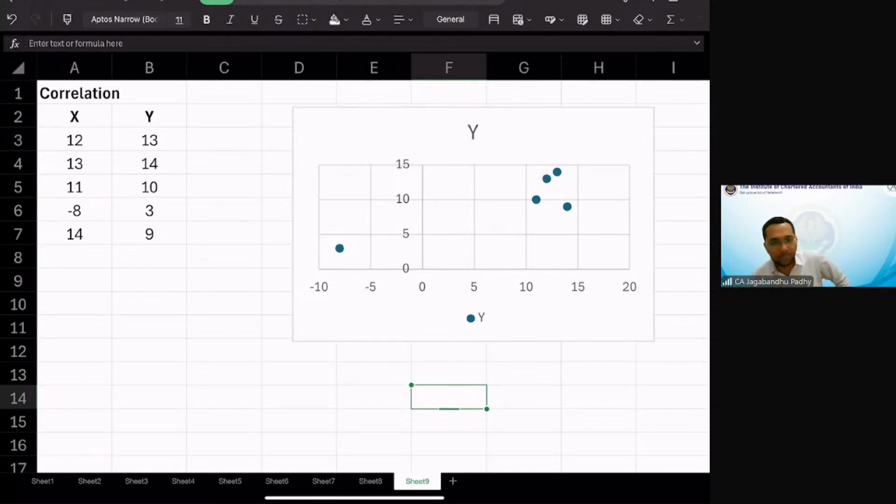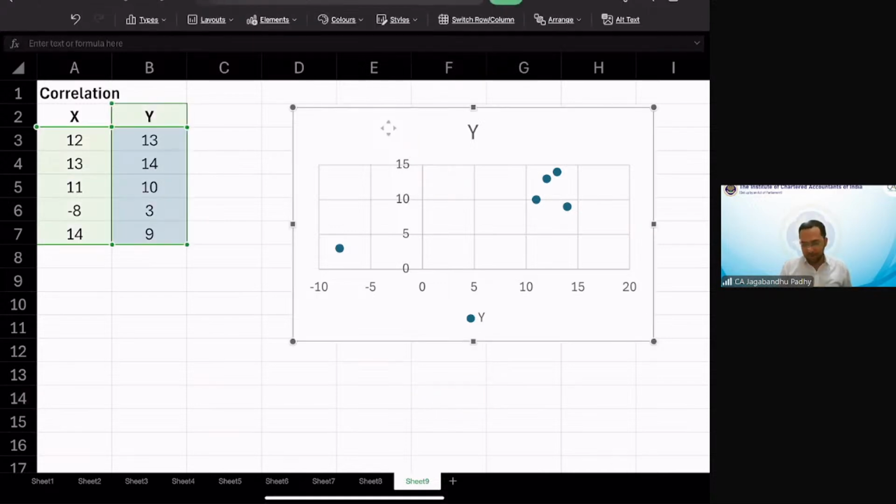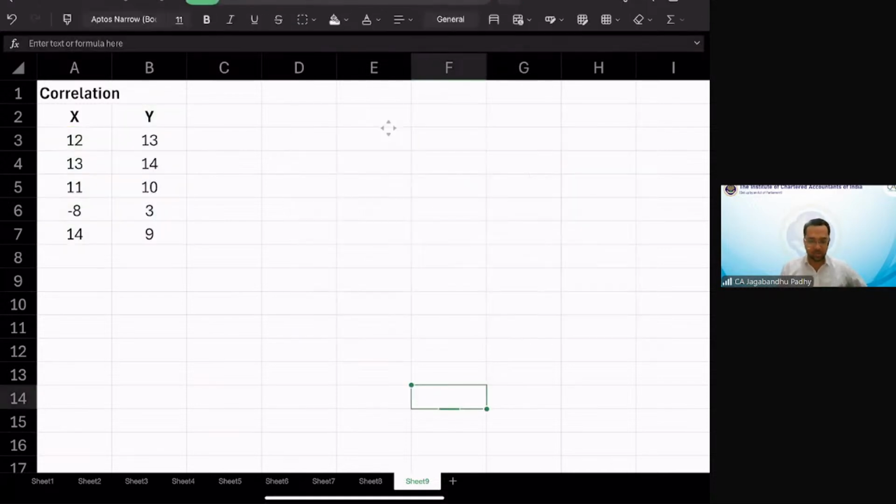Looking at the graph, I can say it seems to be positive, because the values are concentrated over here, where a higher value of y is obviously warranted by a higher value of x. But how do we define this measure of correlation in numerical terms?